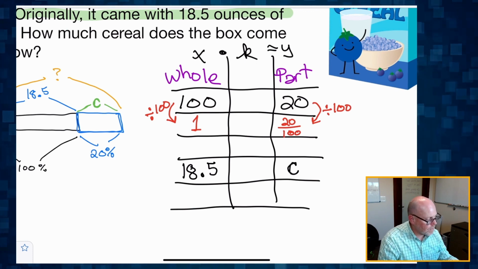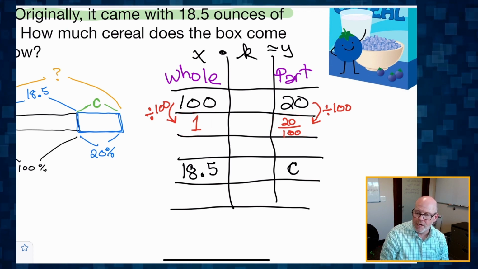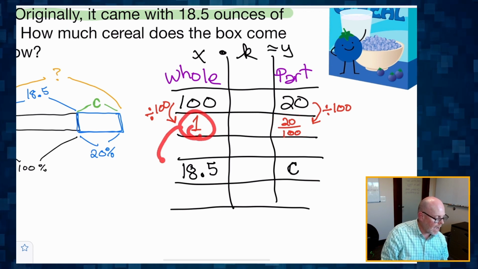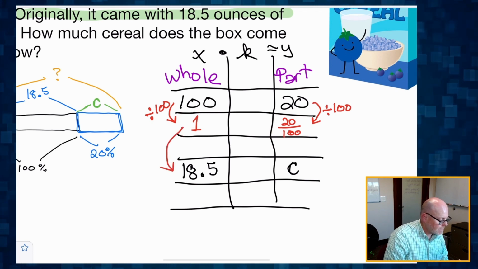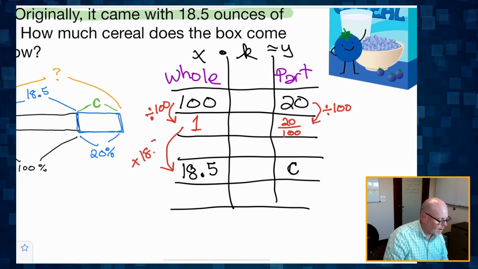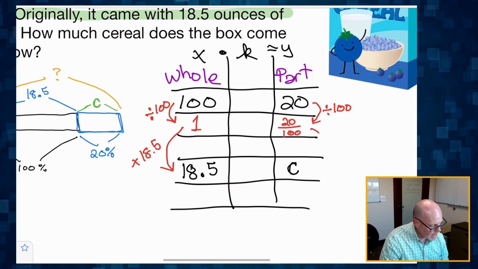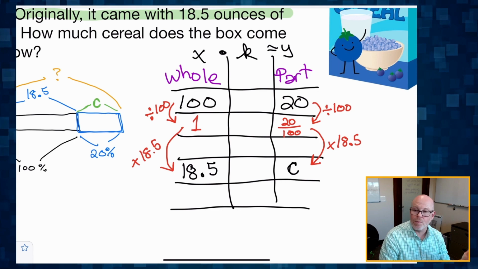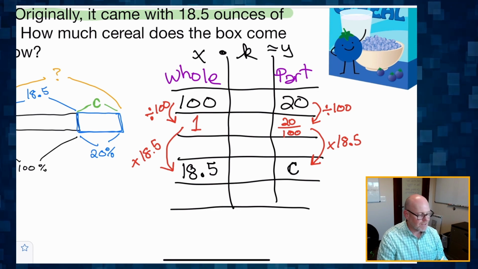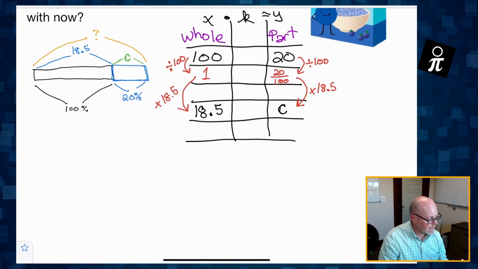But now that I know that the unit rate represents 20 over 100, I can just multiply 1 times 18.5 on the left side, and to maintain our proportionality, I'm going to multiply by 18.5 on the right side. So how do we get that value of C? Super easy.